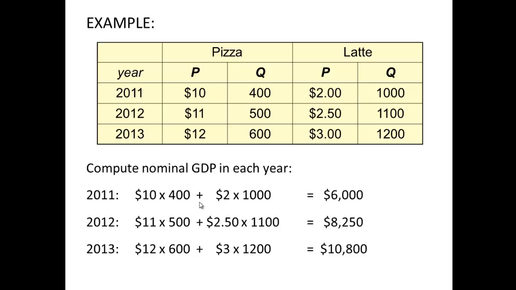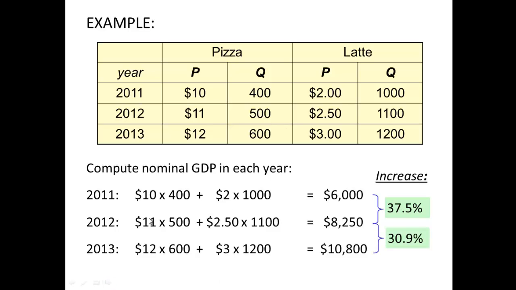And so we could, based on nominal GDP, infer that, in fact, the economy is growing. But if we really wanted to know if there was growth, meaning increased production, or if it was just a case of inflationary pricing, we would need to do some type of comparison, and that's where real GDP comes in.